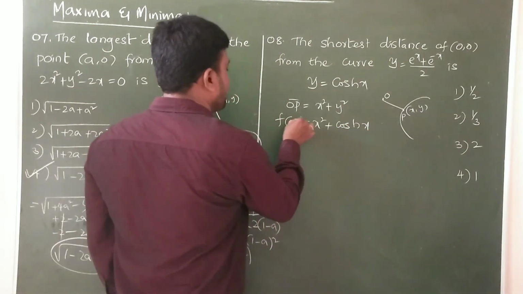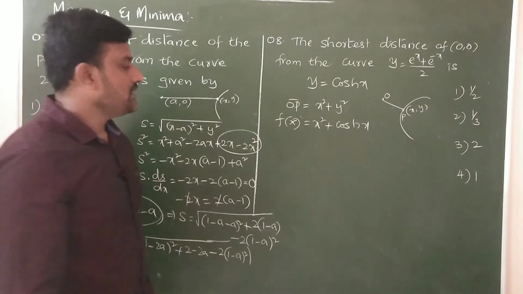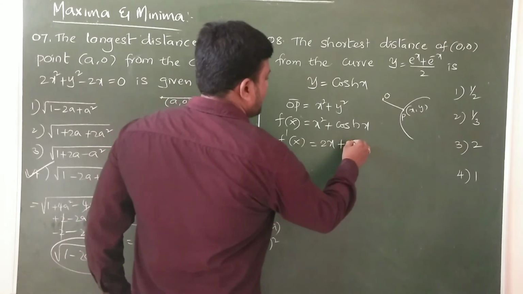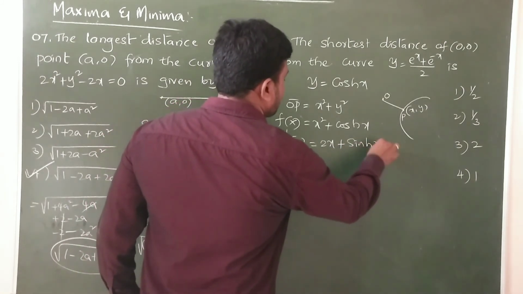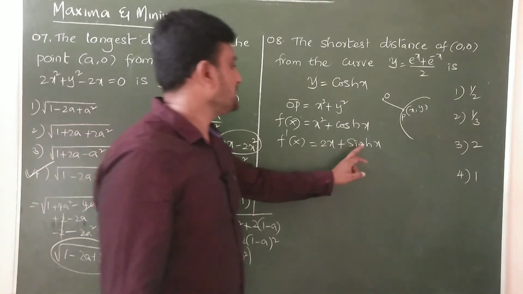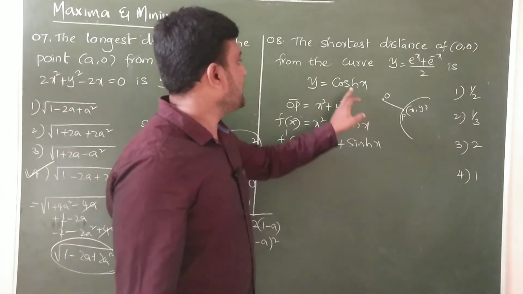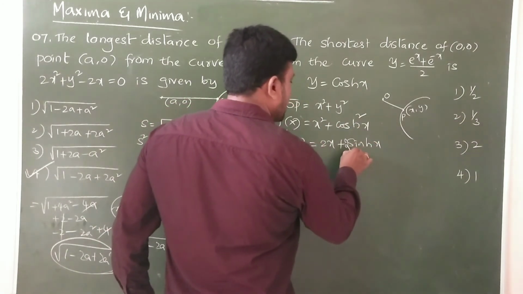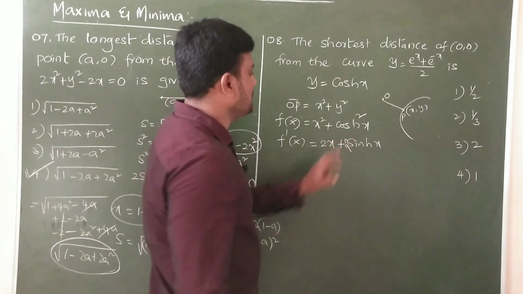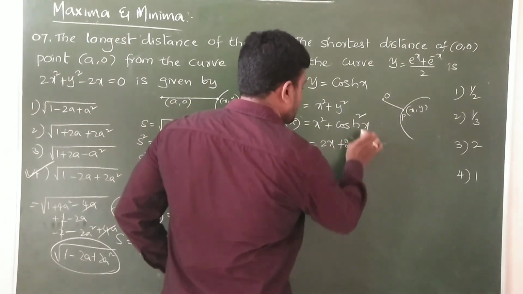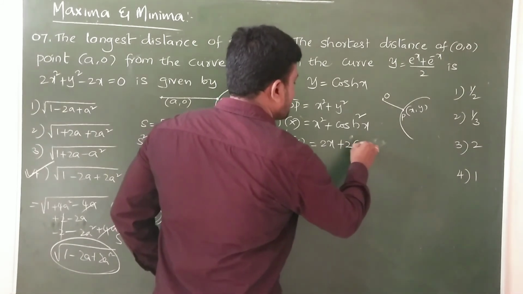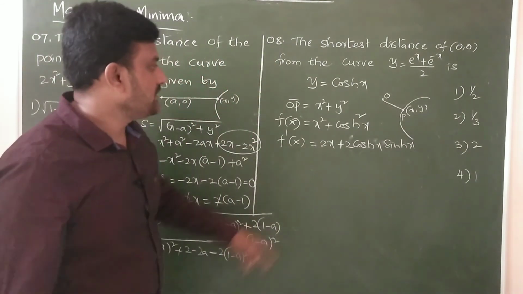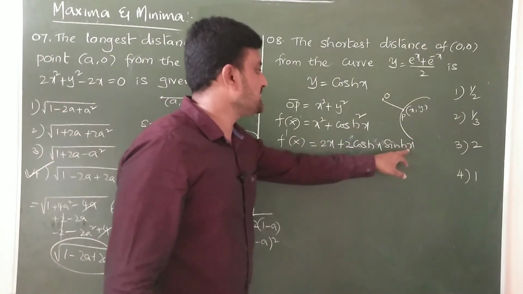Now the total function is f of x, a function in x. So f dash of x equals what? 2x plus 2 cos hx times sin hx, since the differentiation of cos hx is sin hx.